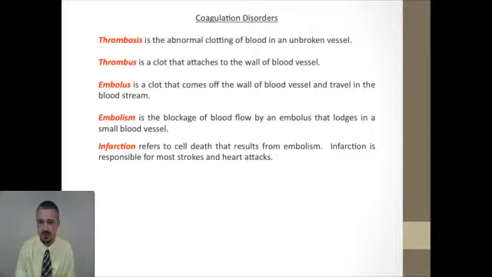These are quite dangerous because they're going to block the flow of blood past that embolism and lead to, a lot of times, death of the cells downstream, and that's what we refer to as an infarction. So myocardial infarction is one of the names for one particular type of heart attack where you have a clot that breaks loose, clogs a blood vessel in the heart, and you have death of heart muscle cells downstream of that. That is myocardial infarction.